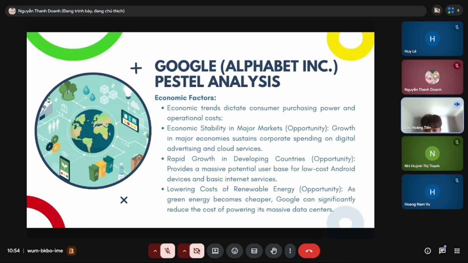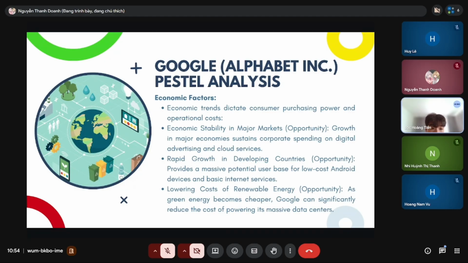Next, we will have the economic factors. The economic trends dictate consumer purchasing power and operational costs. The opportunity is that economic stability in major markets and growth in major economies sustain corporate spending on digital advertising and cloud services.